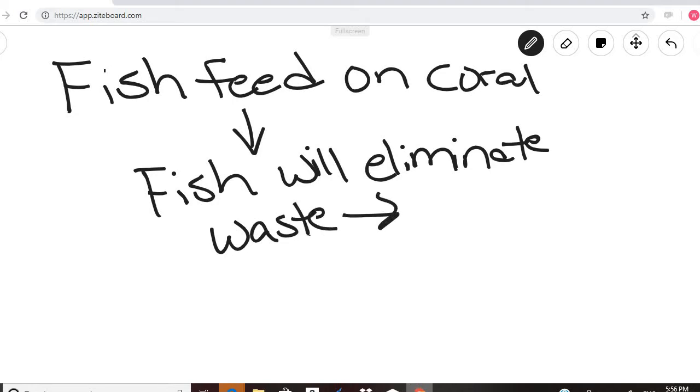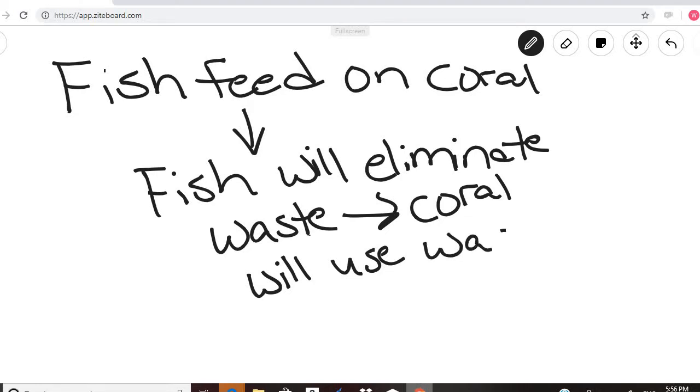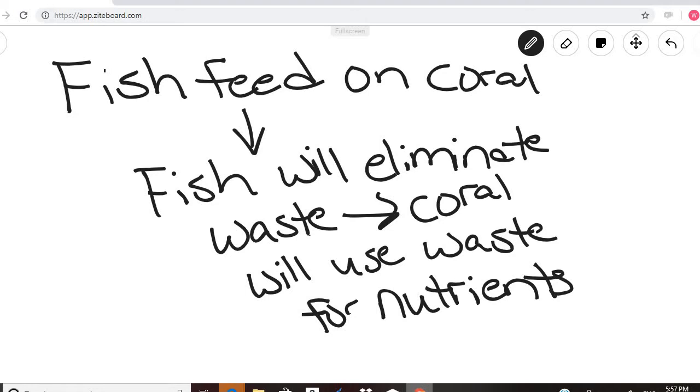The coral will use that waste for nutrients. So the fish eat the coral, then eliminate the waste products of the coral that they've eaten, and then the coral will use that waste. So again, a very excellent recycling system around a coral reef.